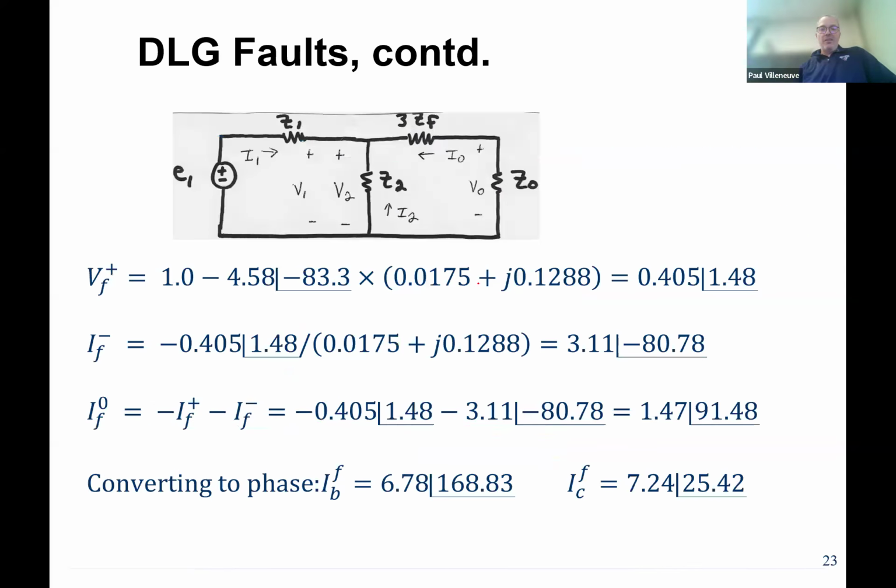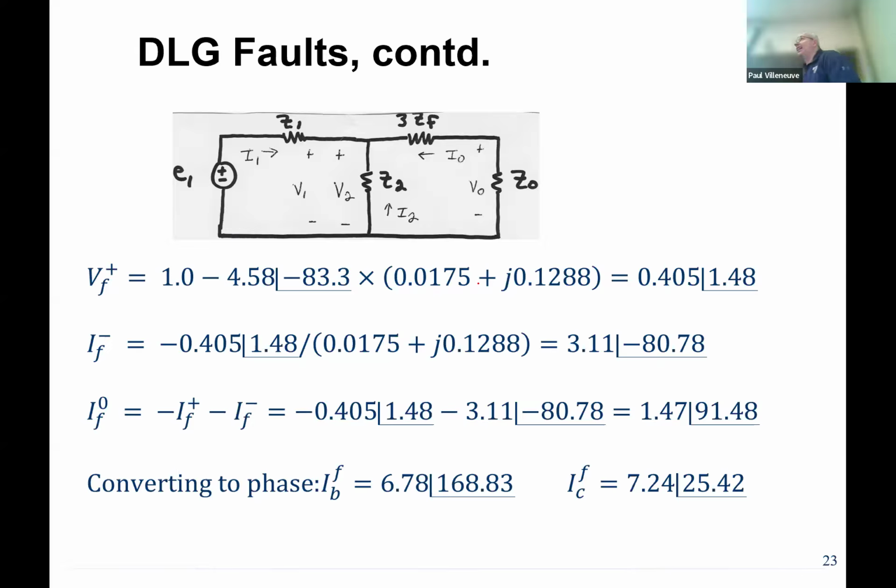So the first thing I'm going to do is solve for the positive sequence voltage drop. I take my 1 at an angle of 0, I subtract from it the current times Z1, and I get 0.405 at an angle of 1.48. Now that I know what the positive sequence voltage is, I know the negative sequence voltage and the zero sequence voltage.